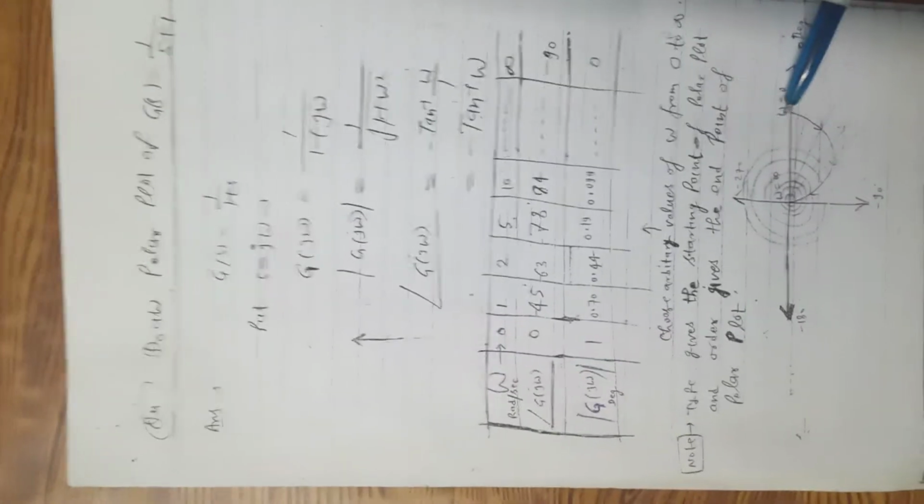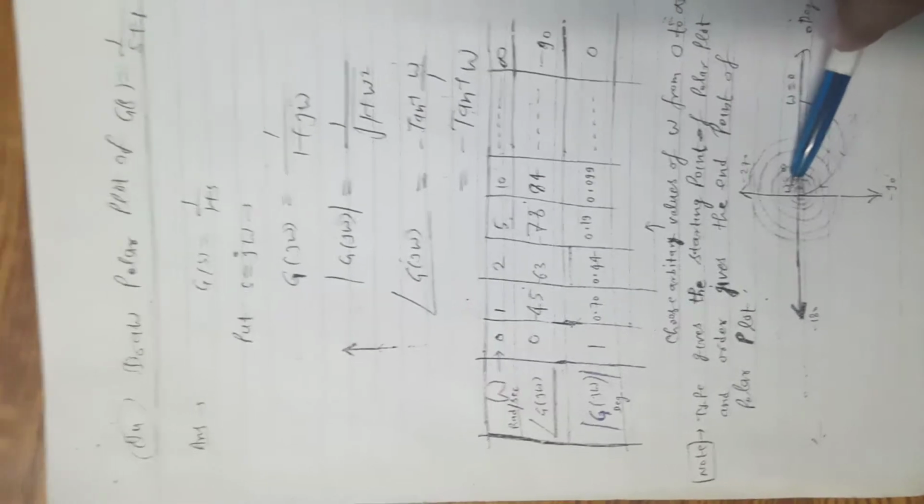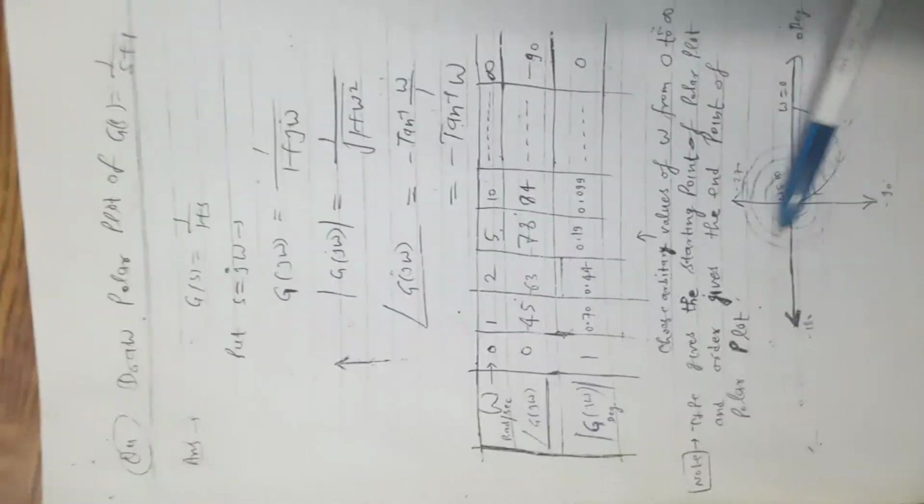It starts at ω = 0 at a constant value and terminates at minus 90 degree angle with 0 magnitude. So, my dear friends, this is the polar plot of the given system G(s) = 1/(1+s).